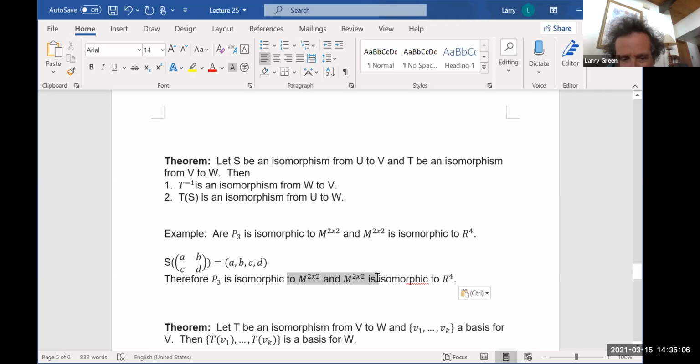So you can get rid of the middleman. Any questions on this example?